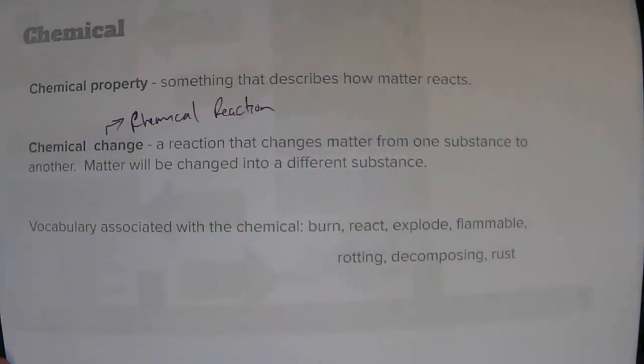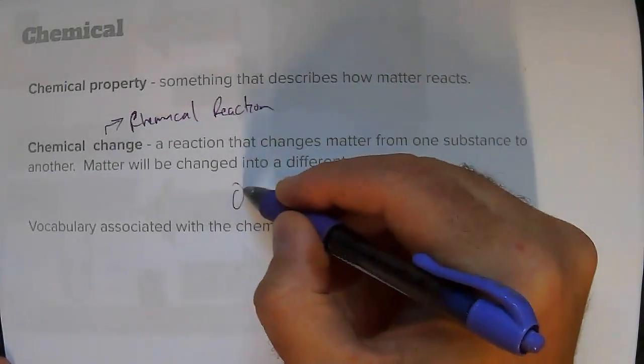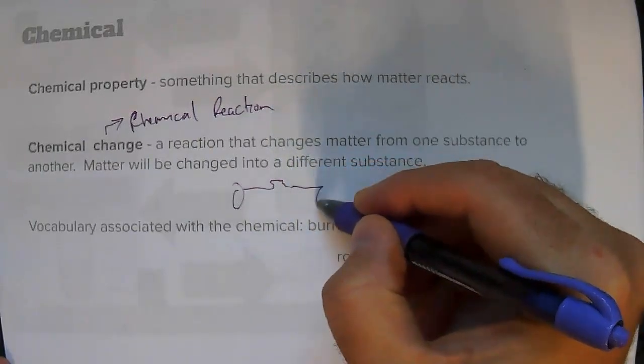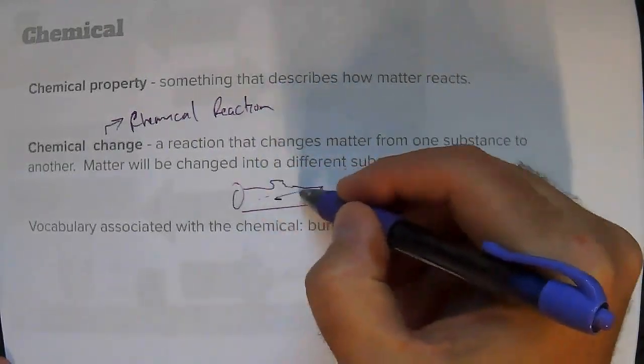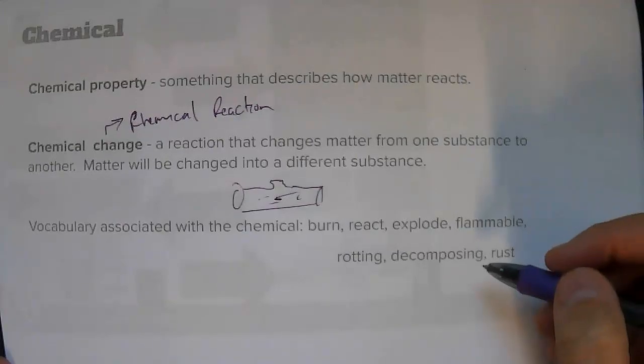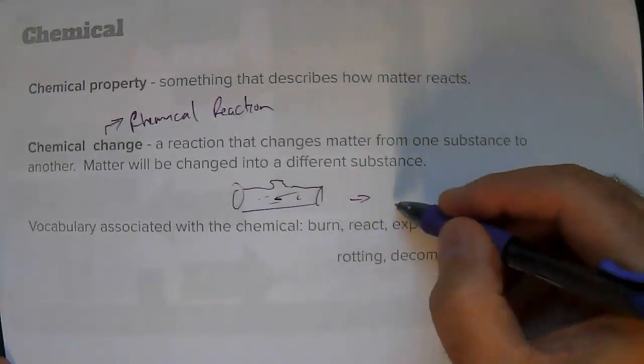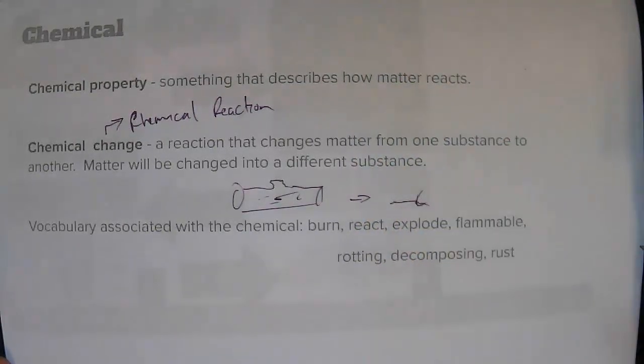And so what happens is the substance or the matter is going to be turned into a different substance. Like when you burn a log, if you had a log here, and you burn that log, after it's burnt, it's just ashes on the ground. That's not a log. You've changed what it is.